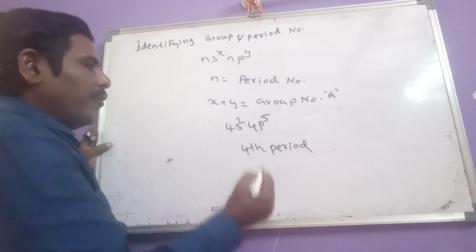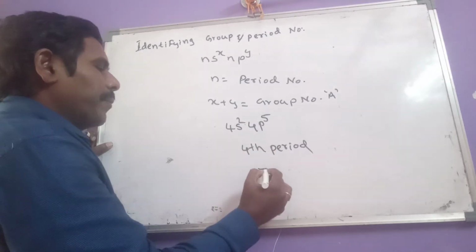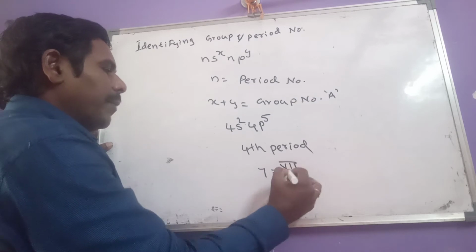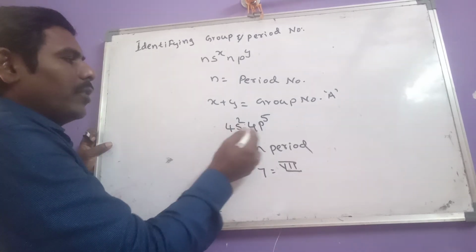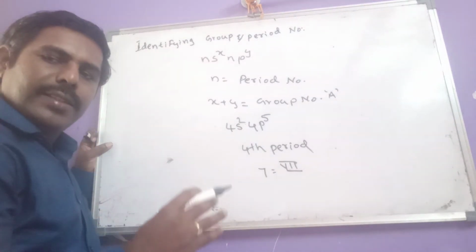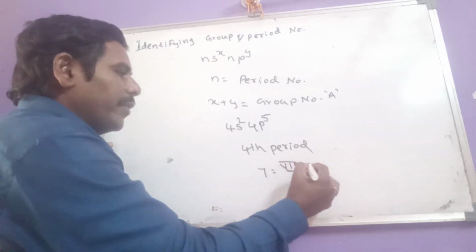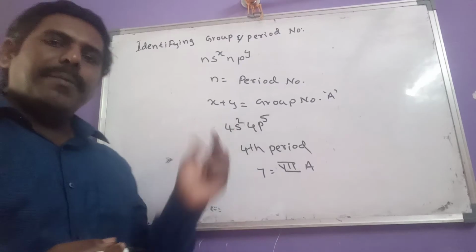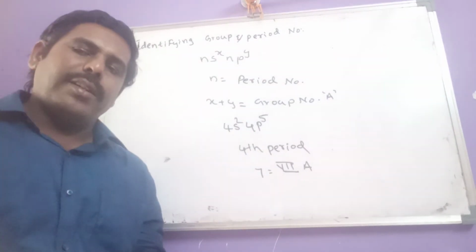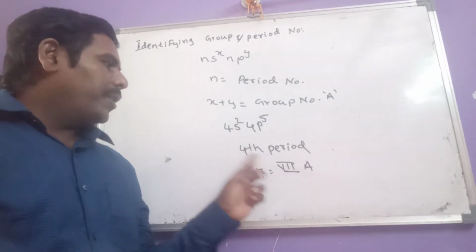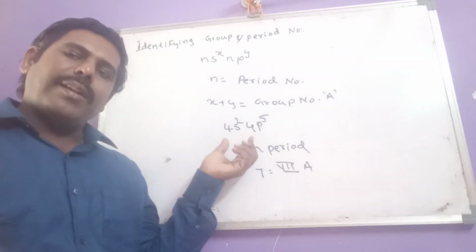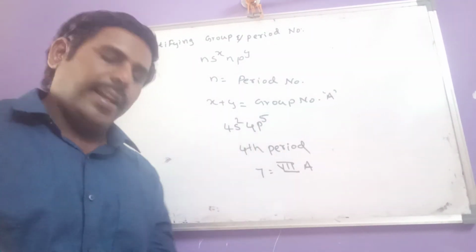So 2 plus 5 means 7, which we can write in Roman numerals as VII. As there is no d subshell in the outer configuration, it belongs to A category. That means this element belongs to the 7th A group and 4th period. So by using the electronic configuration, we can answer like that.